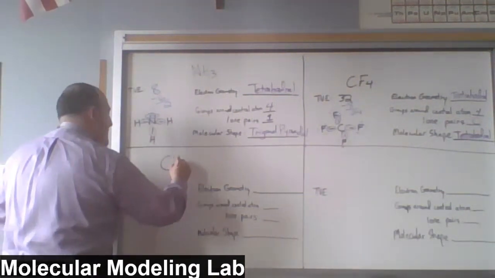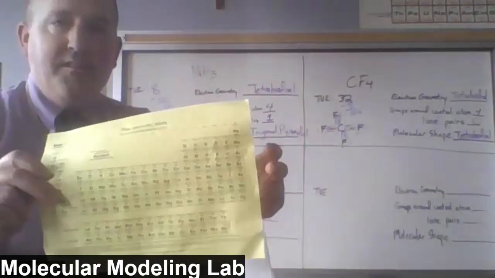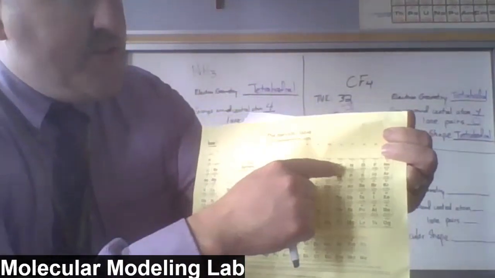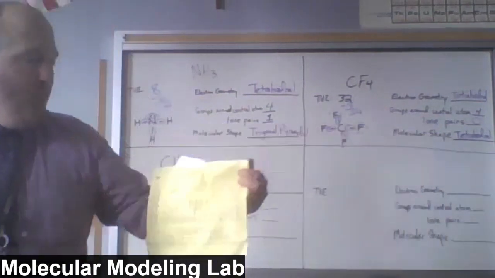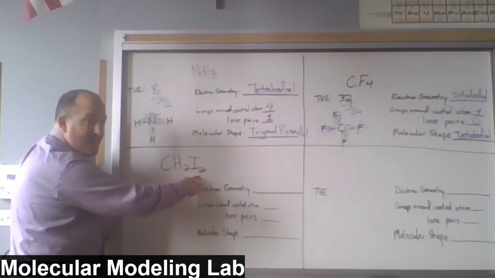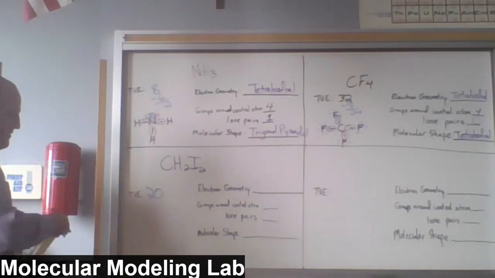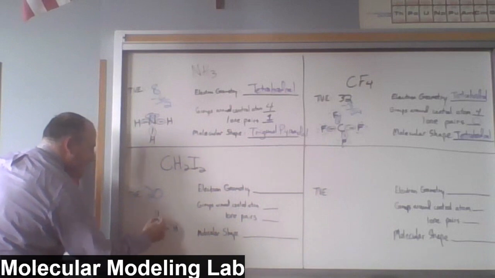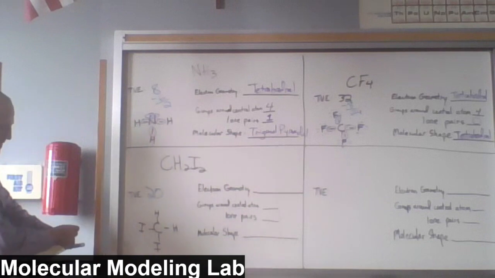Okay, here's an interesting one. CH2I2. Don't freak out. Iodine is in the halogen column, 7 valence electrons each. Carbon's in the carbon column, 4 electrons, and hydrogen, 1 electron each. So 4 plus 2, that's 6, plus another 14 electrons. The atom that you only have one of, the carbon, that's your central atom. We'll connect it to each of the other atoms.